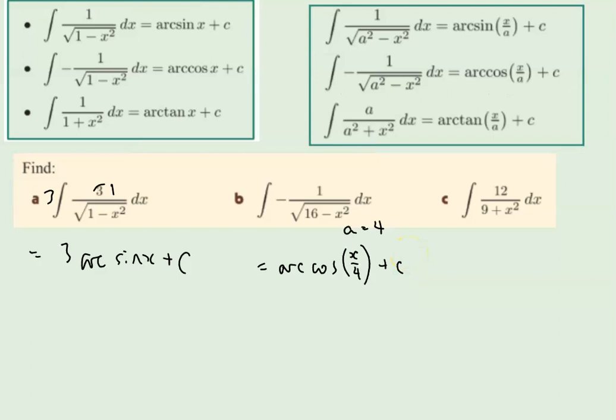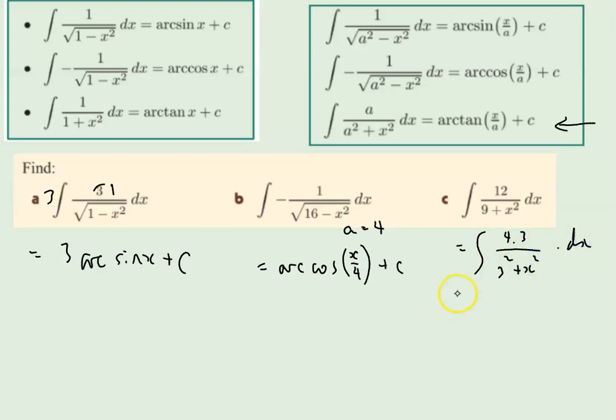Now for part C, this looks like that one there. Notice you've got the 9 plus x squared, so a must equal 3, but on top I don't have 3, but I do have 3 times 4. So what I can do is rewrite that as 4 by 3 on 3 squared plus x squared.